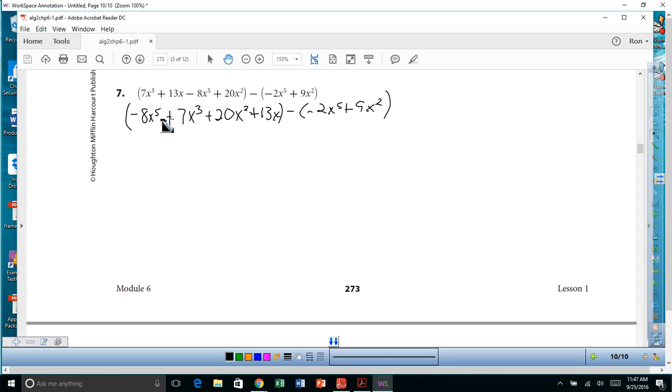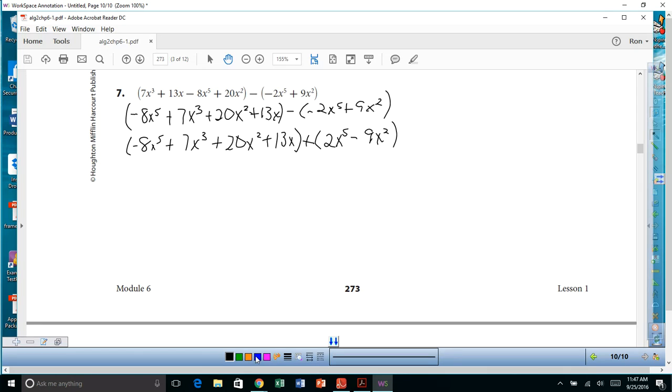Step 2, distribute the negative. So let's distribute the negative. You got negative 8x to the 5th plus 7x to the 3rd plus 20x squared plus 13x. Now, negative times a negative, that's going to give us 2x to the 5th. Negative times positive, minus 9x squared. All right, and we do this because it makes it easier to not get double negatives.